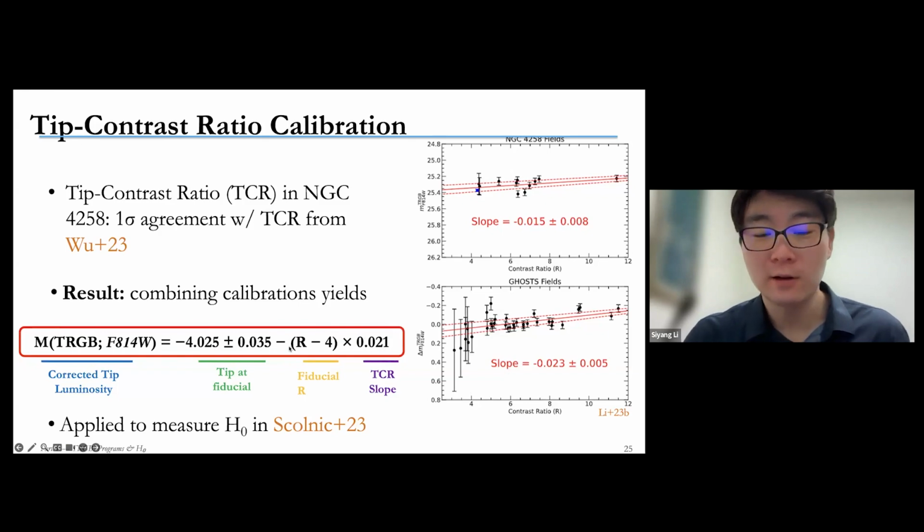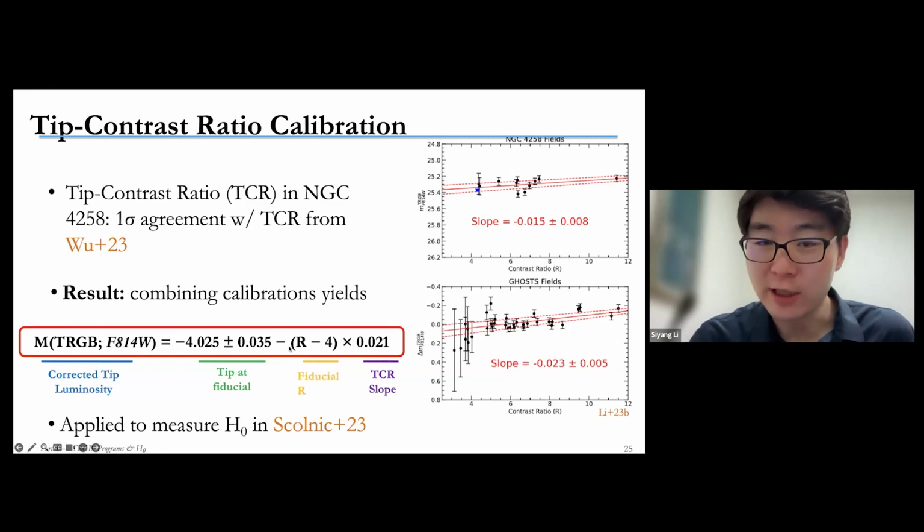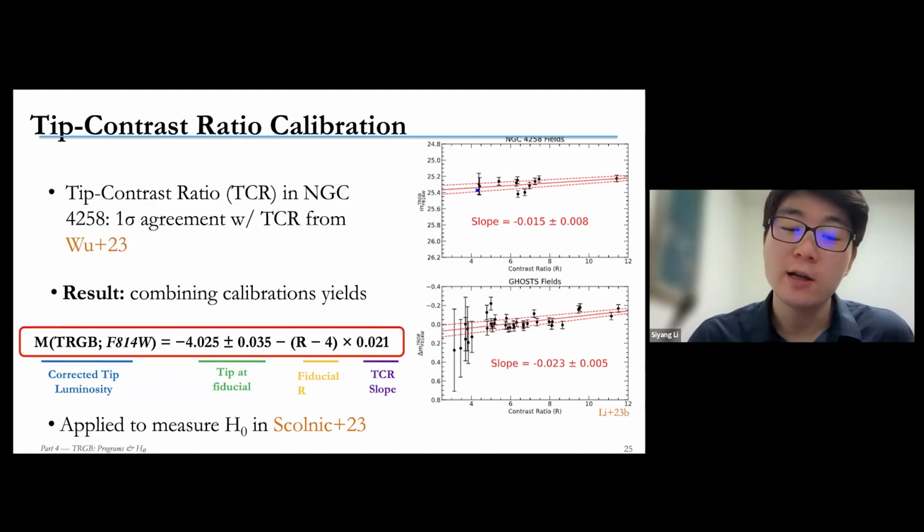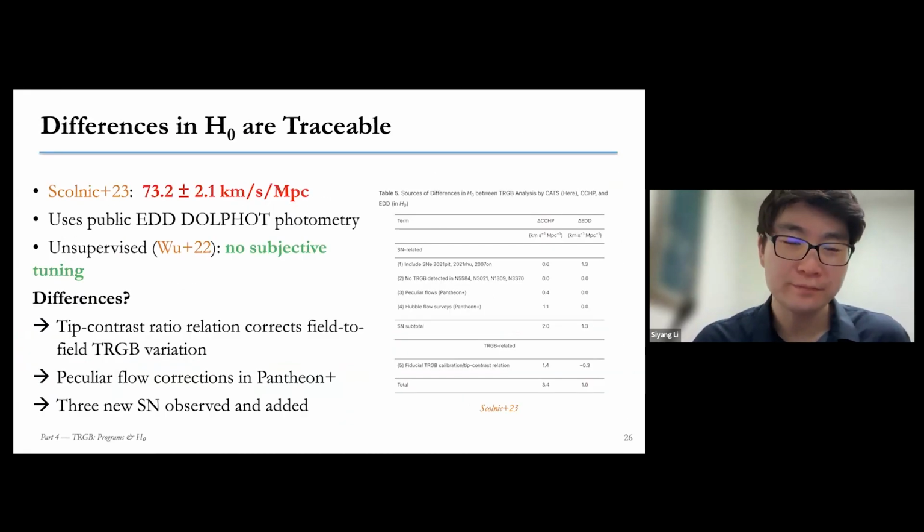And the idea there is to correct for this in your calibration galaxy, such as NGC 4258, and do the same thing in your type 1a supernovae hosts. You can then make your calibrations a lot more consistent and then be a lot more consistent when you measure the Hubble constant with this data.